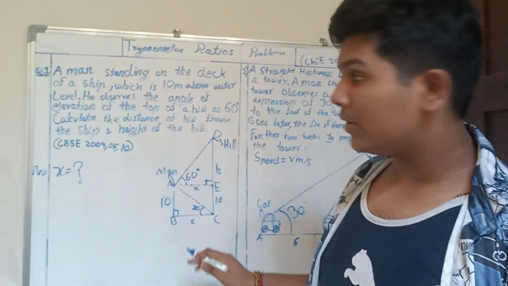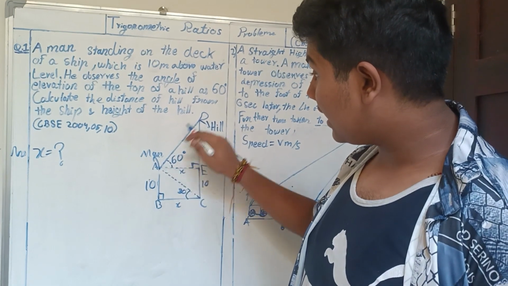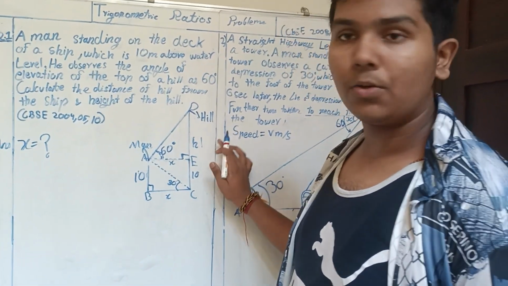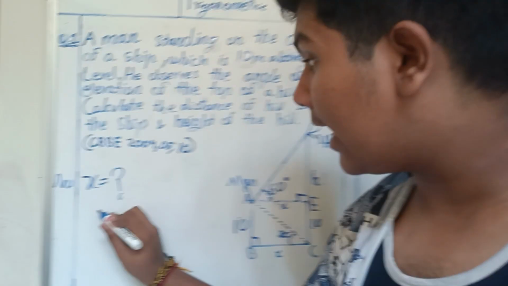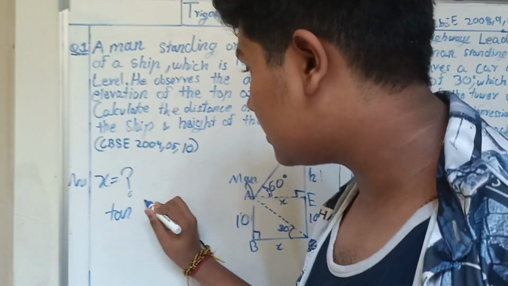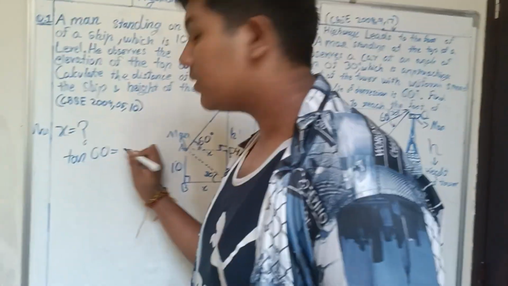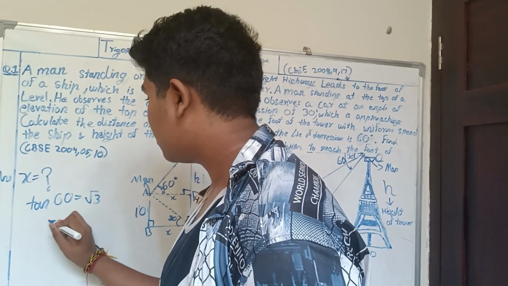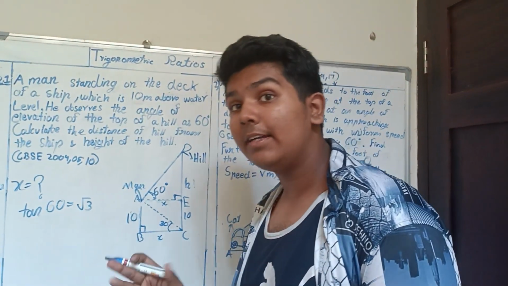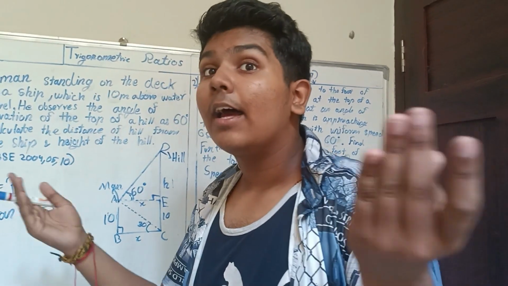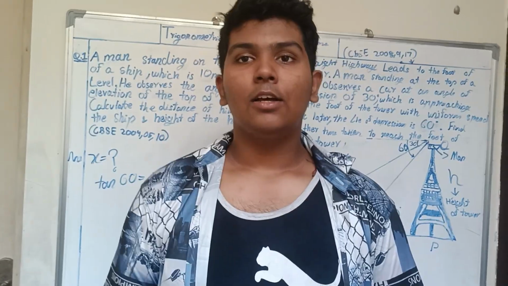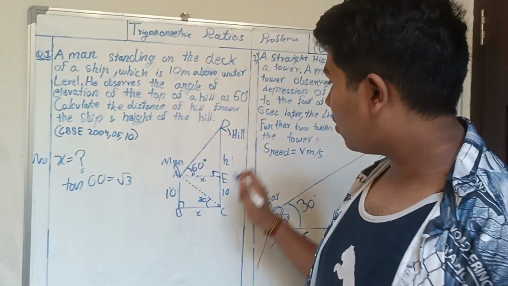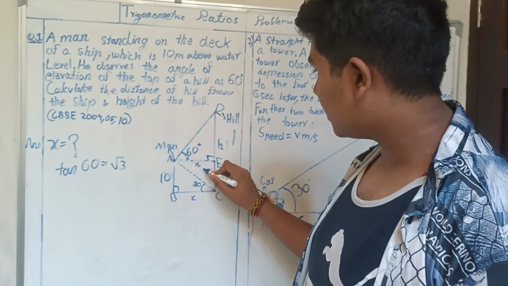Here we take triangle ADE. We have 60 degrees, but h is unknown, so we take tan 60. What is tan 60? Root 3, right? And what is the formula for tan? Opposite by adjacent. This one is the opposite side and here is the adjacent.